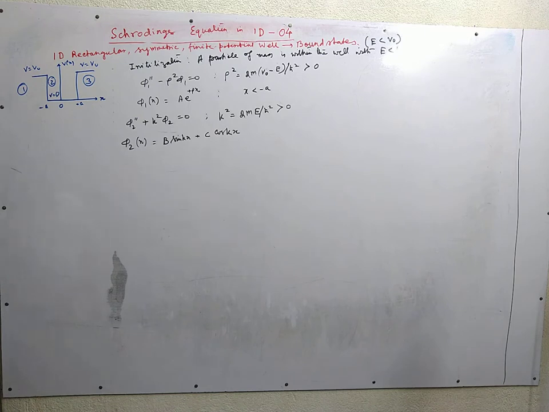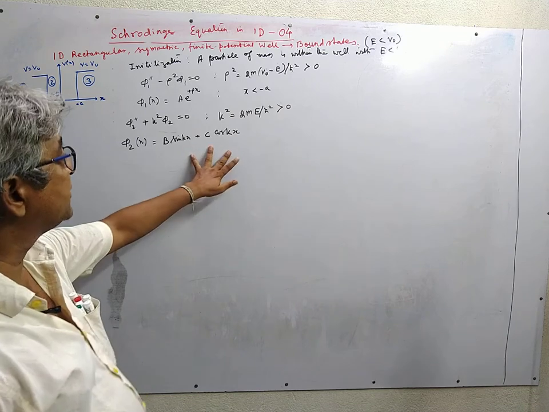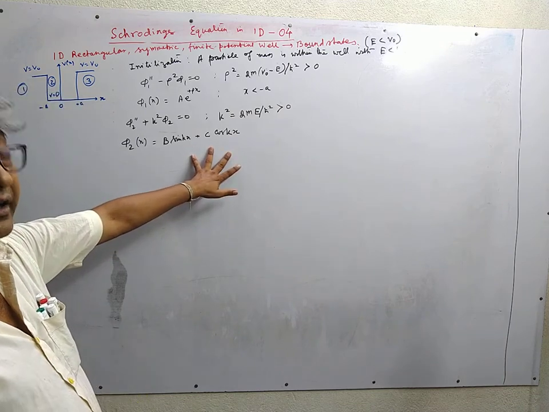From our experience in the case of infinite potential well, since the particle moves back and forth within the well, there was a possibility of getting stationary waves. Keeping this in mind, we have assumed this sinusoidal solution.